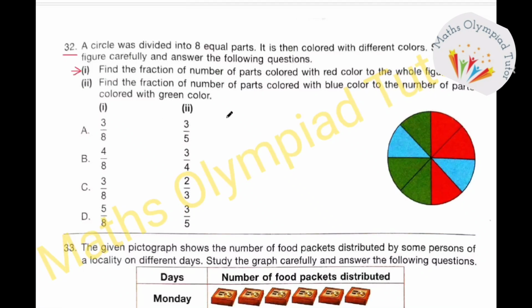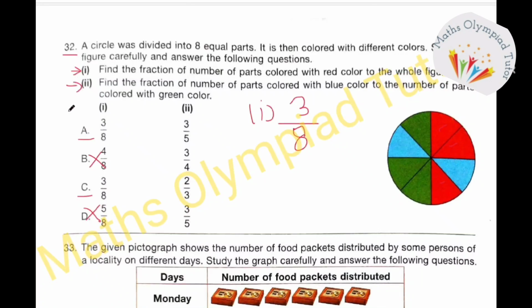For this, we first need the fraction for the red color parts. That is 1, 2, 3. 3 parts are red color upon total. The total number of parts is 8. So the fraction is 3 upon 8, which is either in option A or C. This means B and D are ruled out. The answer is either A or C. So let us check the second one also.